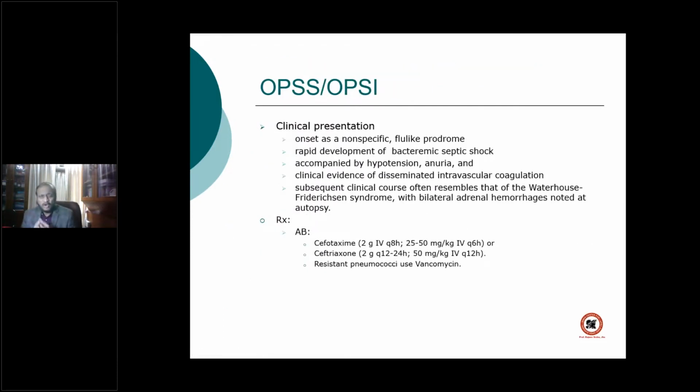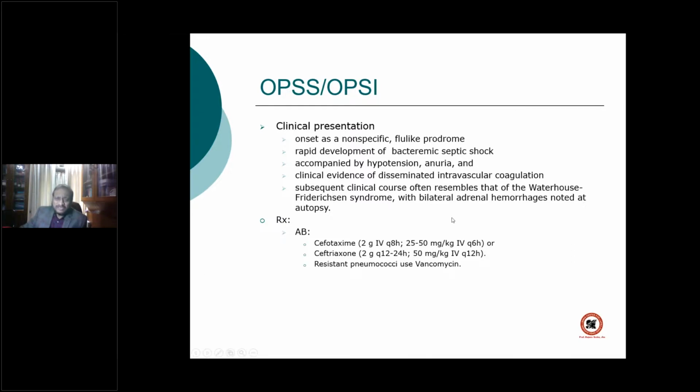Clinical presentation: onset is very rapid, like a flu-like prodrome. The patient just feels like an upper respiratory infection, but within 24 to 48 hours, he goes into shock. You can't understand what has happened. Then remember, this patient had a splenectomy. So that is basically the progression of OPSI or OPSS from a non-specific flu-like prodrome to very rapid development of bacteremic septic shock.